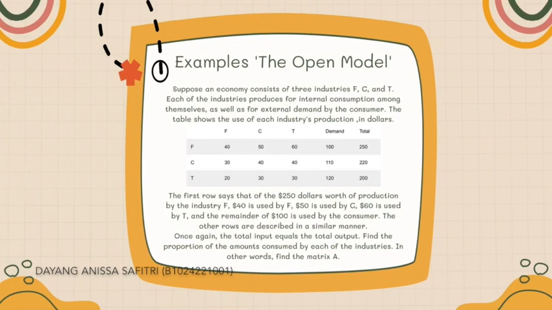This is an example of open models. We are being asked to determine the following: how much of the production of each of the three industries F, C, and T is required to produce 1 unit of F. In the same way, how much of the production of each of the three industries F, C, and T is required to produce 1 unit of C. And finally, how much of the production of each of the three industries F, C, and T is required to produce 1 unit of T. Since we are looking for the proportion, we need to divide the production of each industry by the total production for each industry.